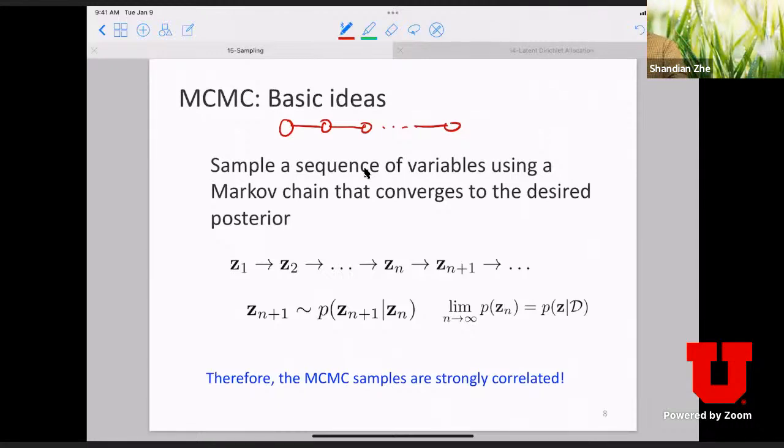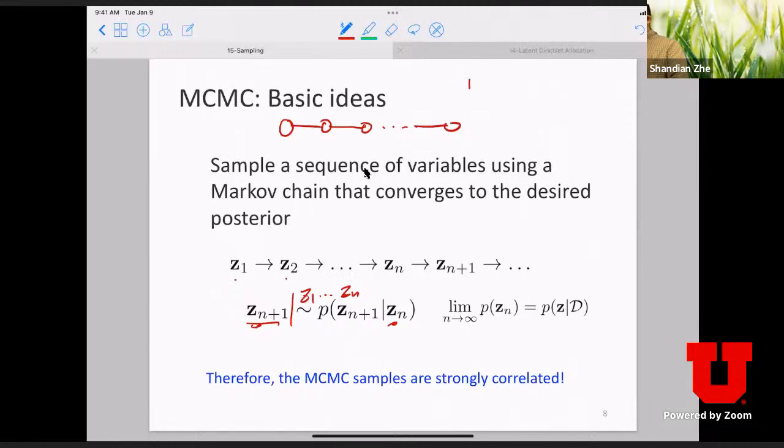You can denote this sequence by Z1, Z2, Z3, Zn. The significant property of Markov chain is that you generate the n+1 variable, which we denote by Zn+1, conditional on all previous variables. This is only determined by the most recent variable.